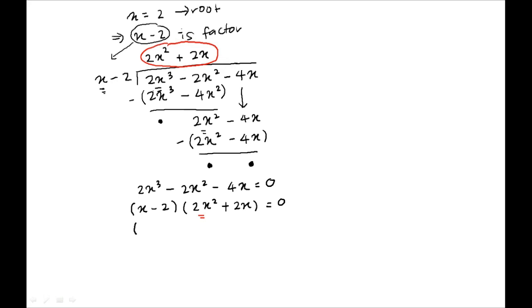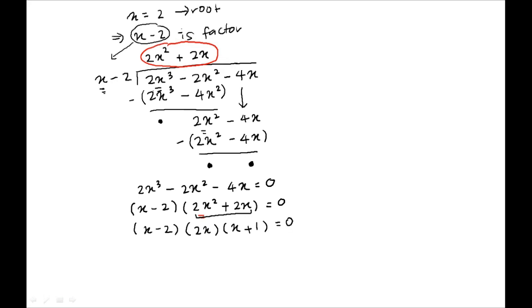And then, 2x squared plus 2x, we can factorize again. So, x minus 2, and then 2x squared plus 2x, we can factorize 2x. 2x squared factorize 2x gives x, plus 2x factorize gives 1.